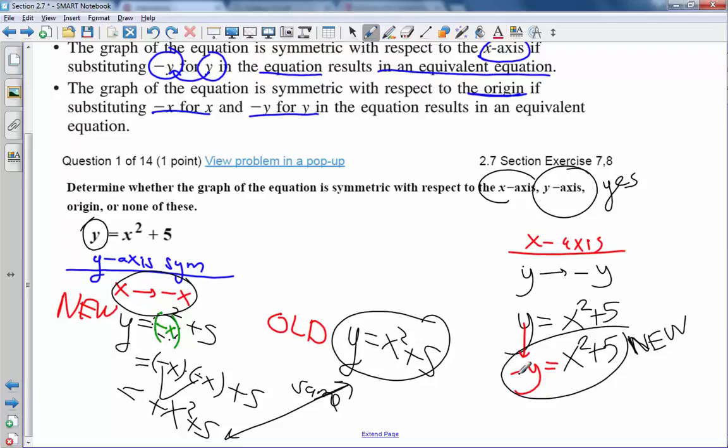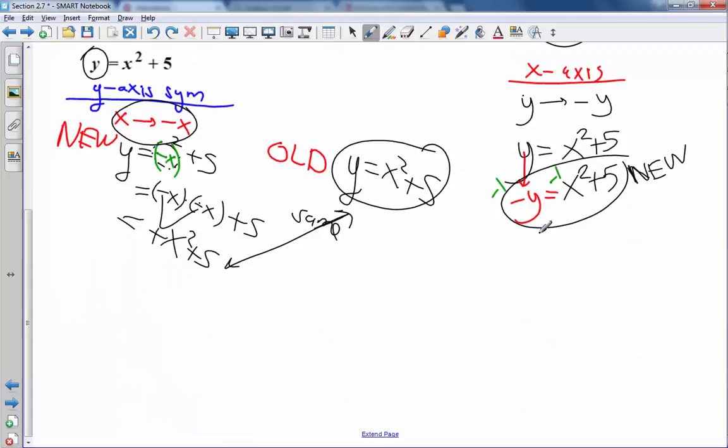This is a minus. If I can get rid of this minus, they will match, right? So why don't we multiply both sides by a negative? Multiply both sides by negative 1. This is going to flip to positive y. And we will get it done, right?